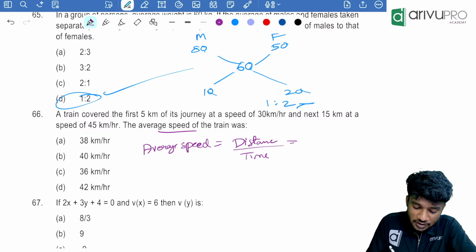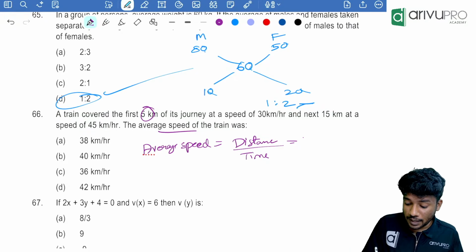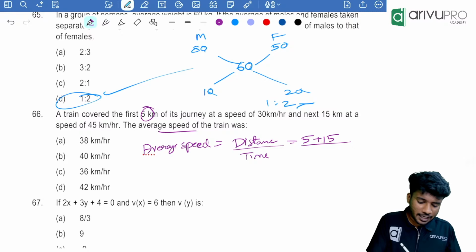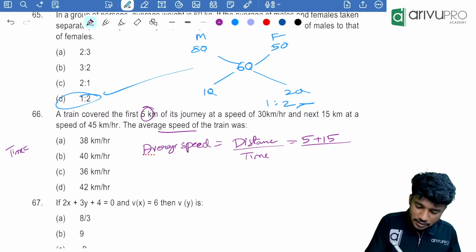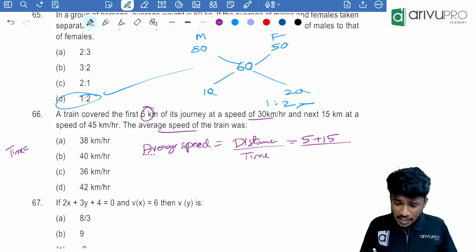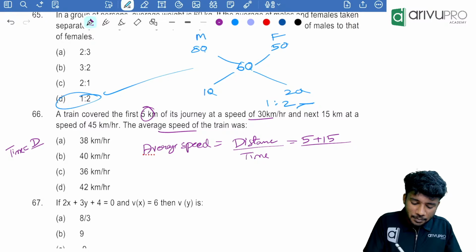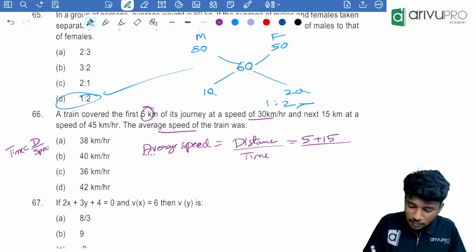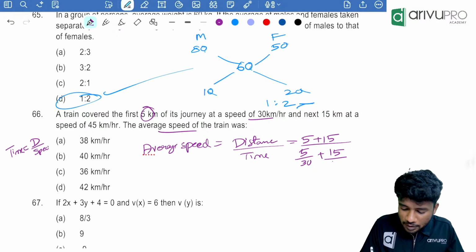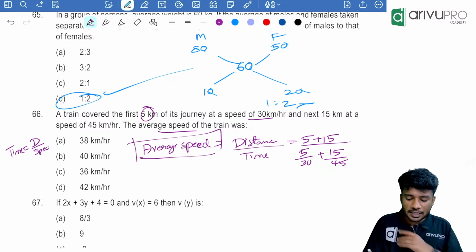Since they have mentioned 5 km and 15 km separately, you need to add 5 plus 15 divided by time. Time is always distance divided by speed. So 5 divided by 30 plus 15 divided by 45. So this will give you the total average speed of the entire journey.